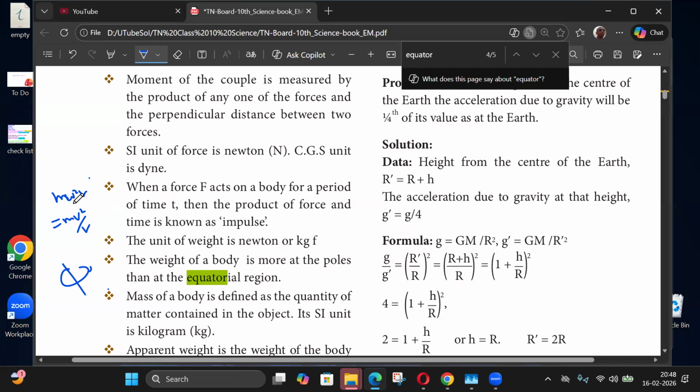Another way to look at it: omega is the same for here and here, but here r is more and here r is less. So centrifugal force is more at the equator, which will oppose the gravity force. Gravity force is inwards, centrifugal is outwards. So the net force is gravity force minus centrifugal force.